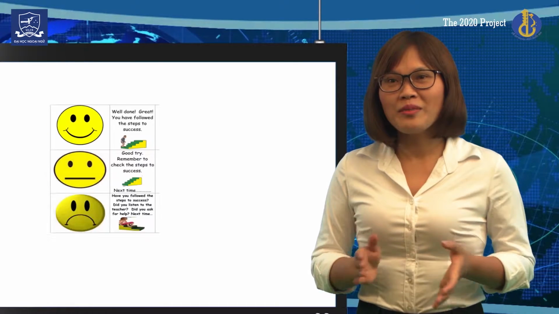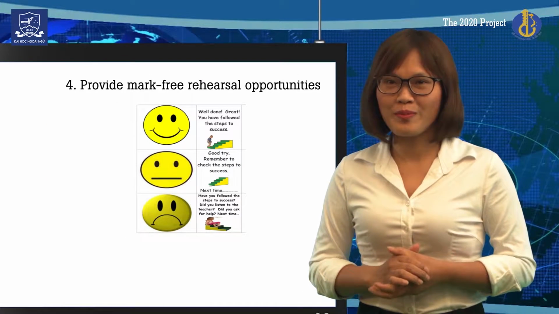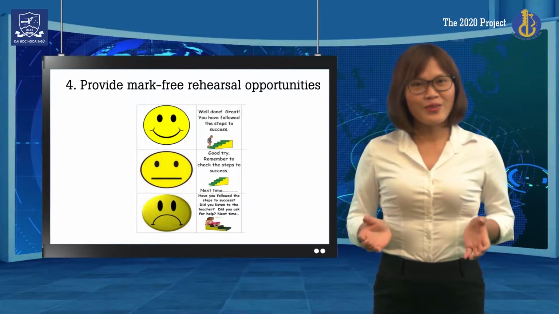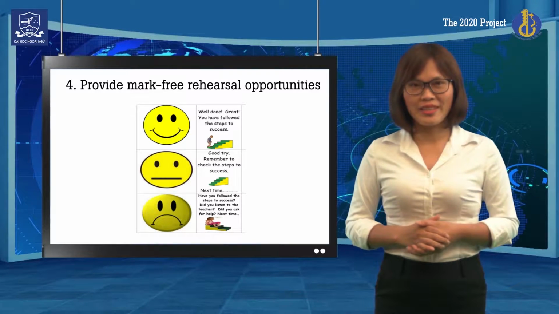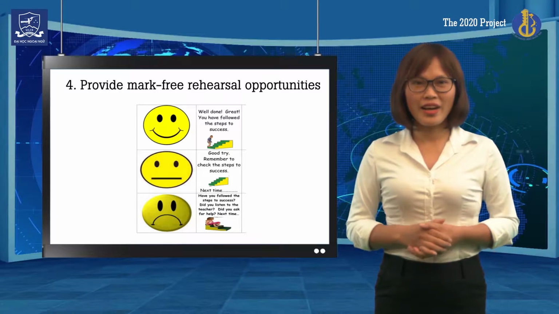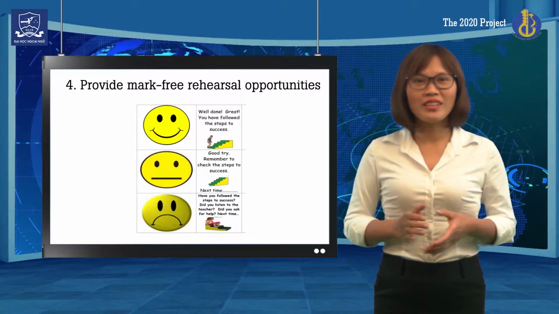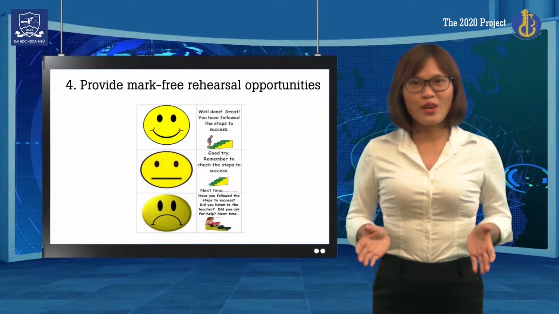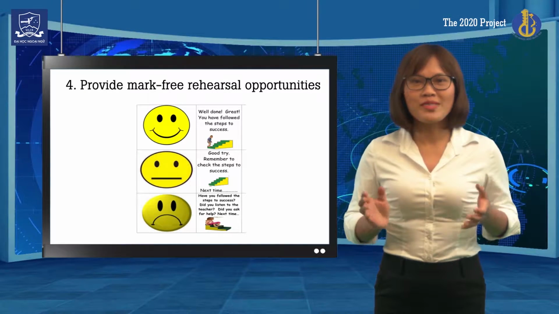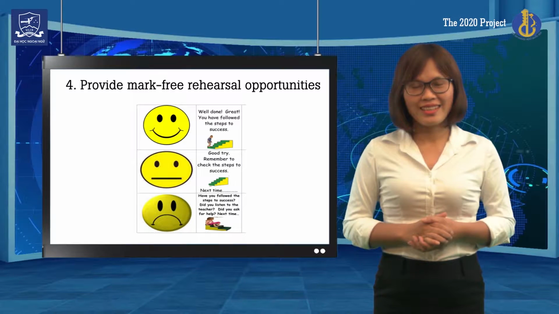Then, provide mark-free rehearsal opportunities. Active participation in self and peer assessment helps students to identify and understand the meaning of criteria of the learning target. So, giving marks is of secondary importance.